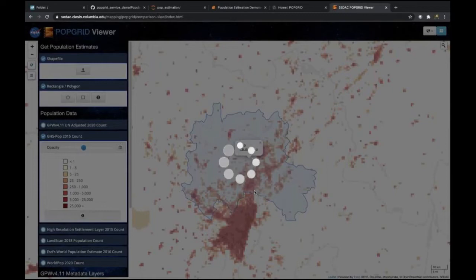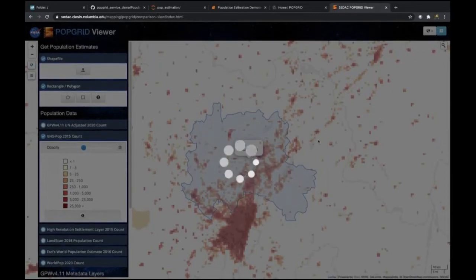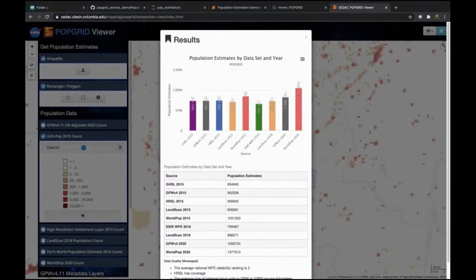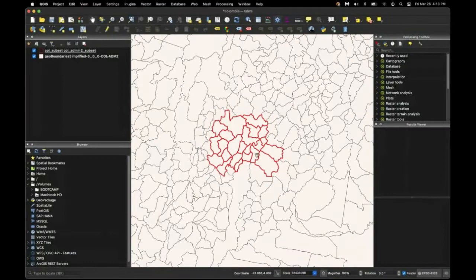And you can see we're just north of, I think, a city in Colombia, I forget which. And you can see the pop estimates for all these polygons, right? So they vary again from 800,000 to 1.2 million across all the data sets. But if I was interested in pop estimates for each of these individual polygons, there's a way to do that as well, but it takes a little more work.